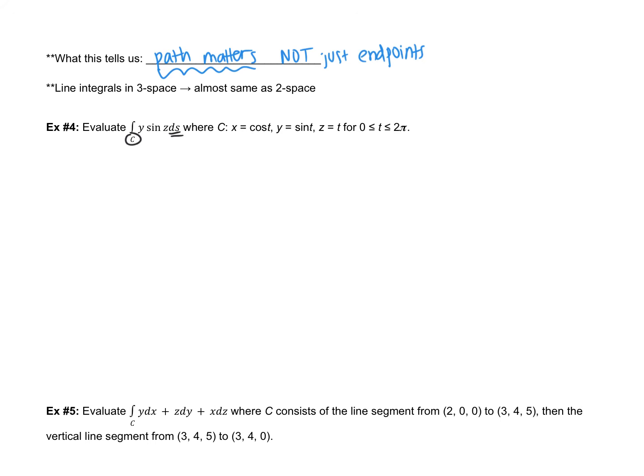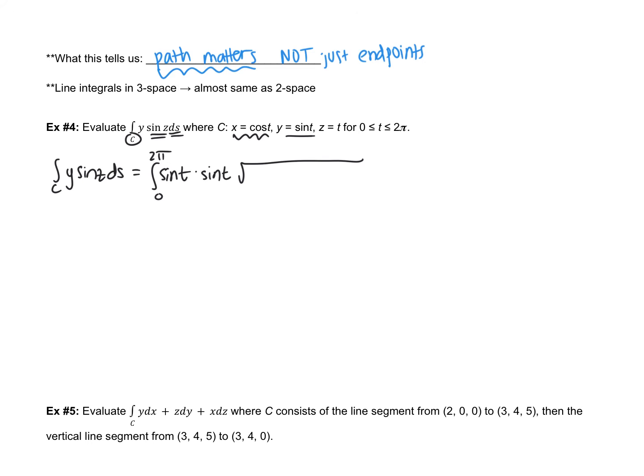And t is from 0 to 2 pi. So our line integral of y sine of z ds can be written from 0 to 2 pi. Y is just sine of t. Sine of z then is another sine of t. And then we have our arc length parameterization.